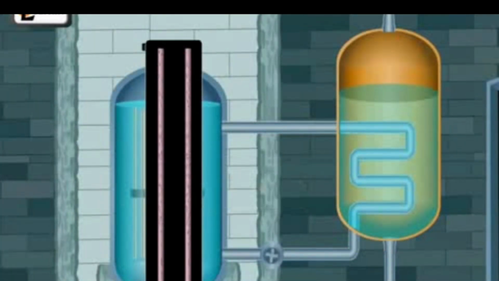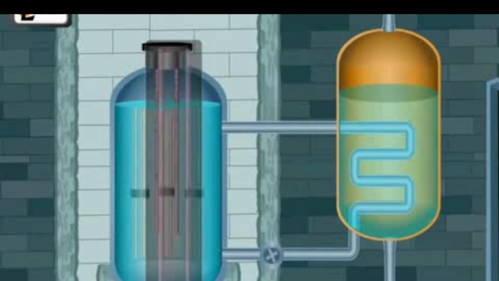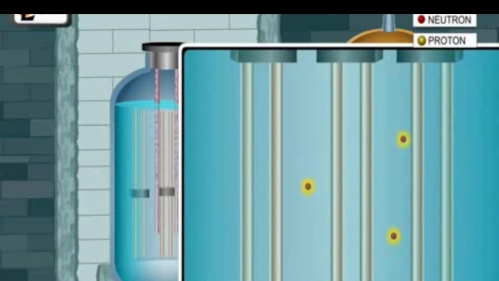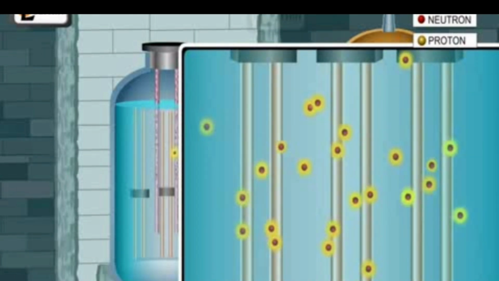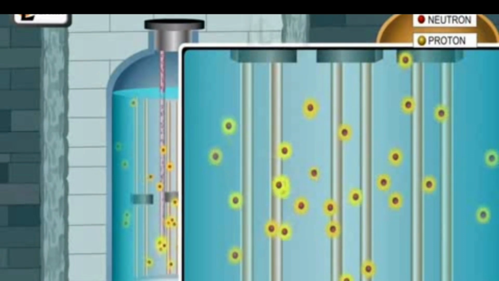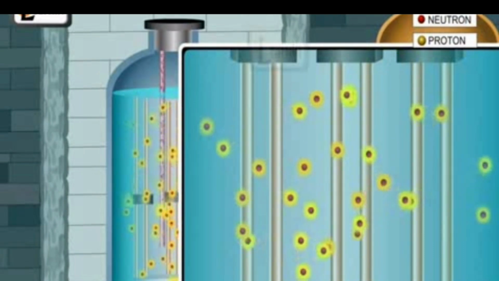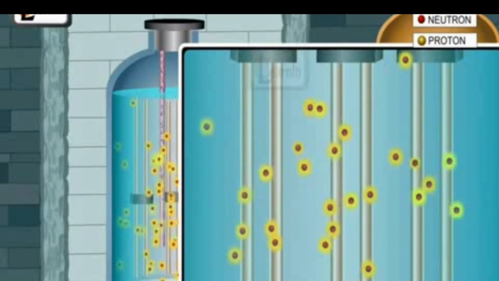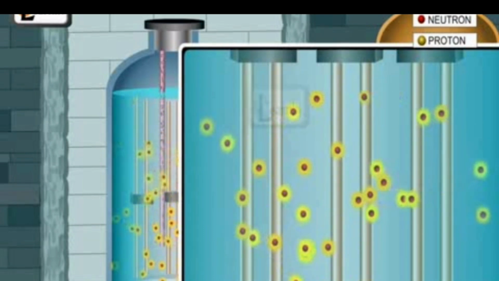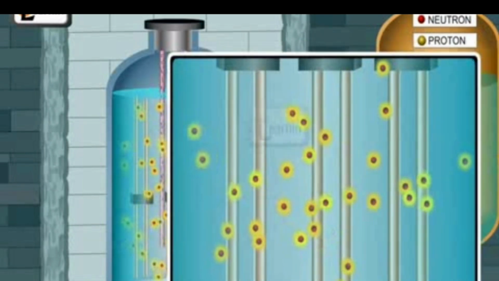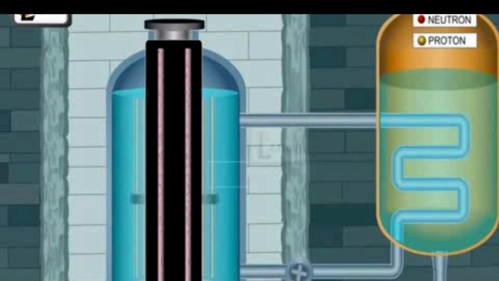Control rods. Suppose the neutrons produced inside the nuclear reactor are uncontrolled, that means a large number of neutrons are produced inside the chamber. Using the control rods, we can absorb all the excess neutrons. Cadmium and boron metals are used for the control rods.